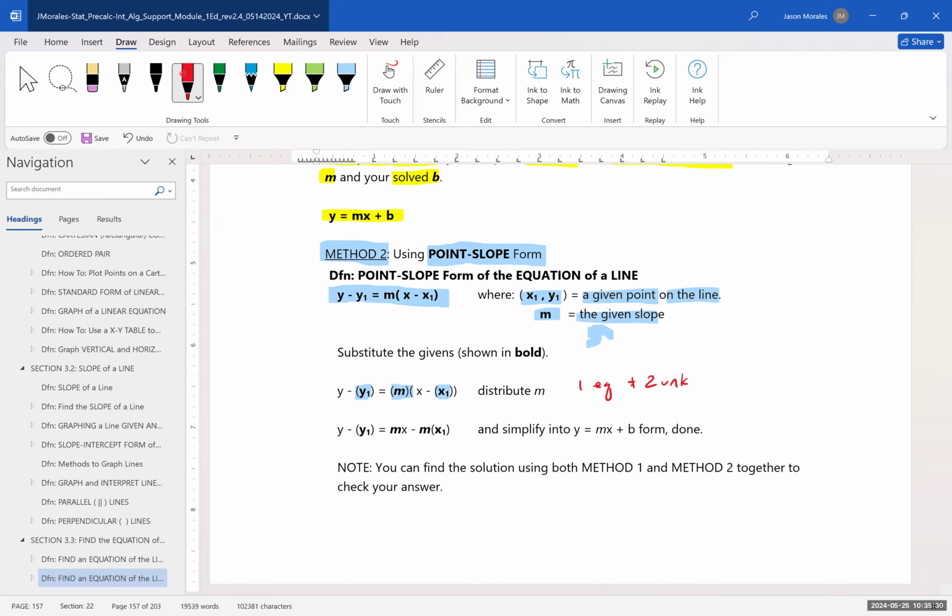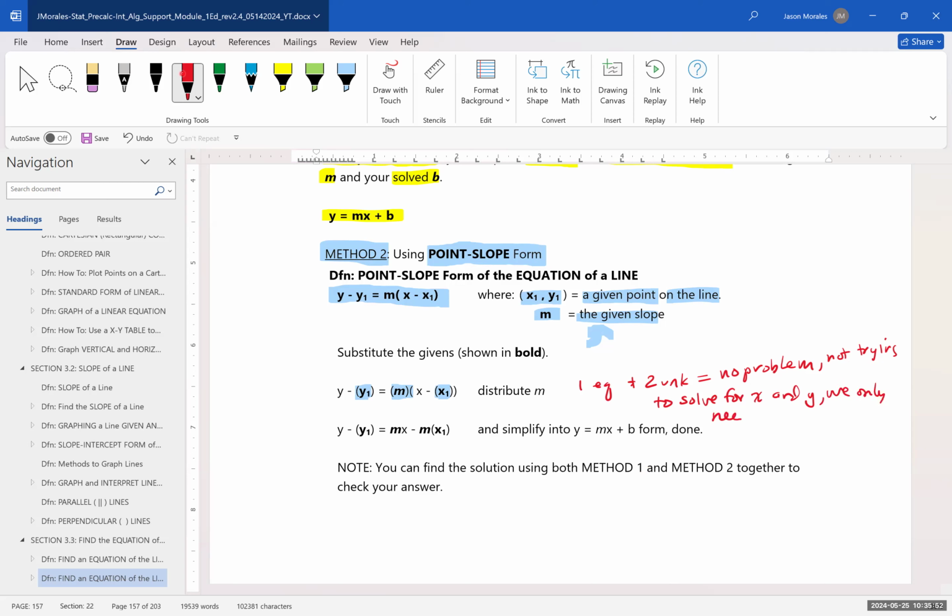This is not a problem in this case because we are not trying to solve for x and y.